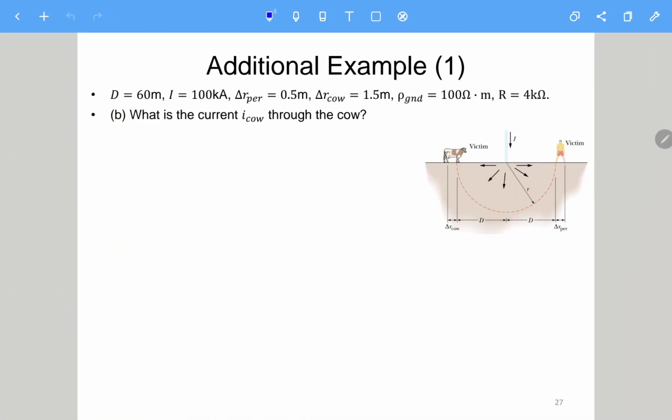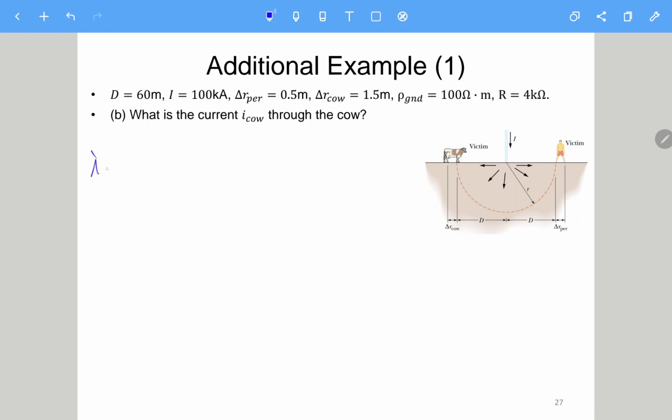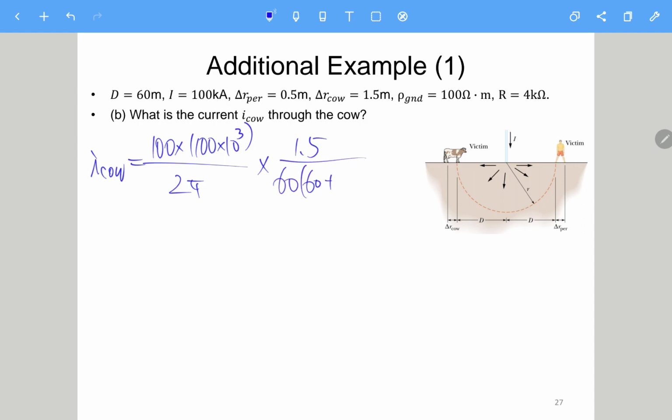And then for part B, we don't need to derive the whole thing again, because everything will be the same, except delta R, we should use delta cow. So we just change 0.5 to be 1.5. So I cow is nothing but 100 times 10 to the third power over 2 pi, and then times 1.5, and then here 60 times 60 plus 1.5, and then times 1 over 4 times 10 to the third power.